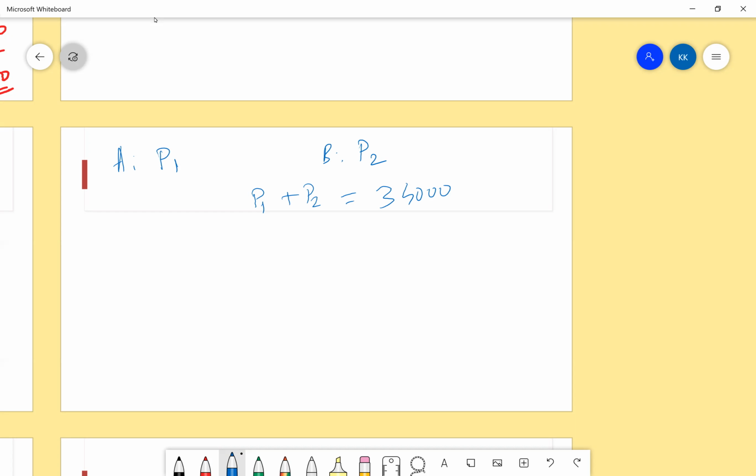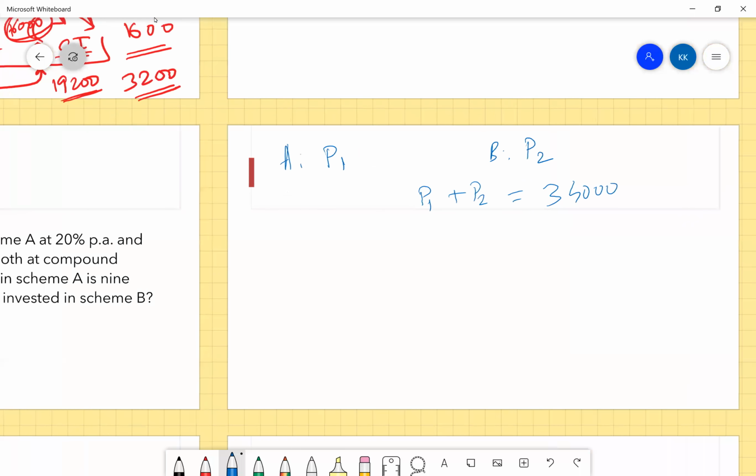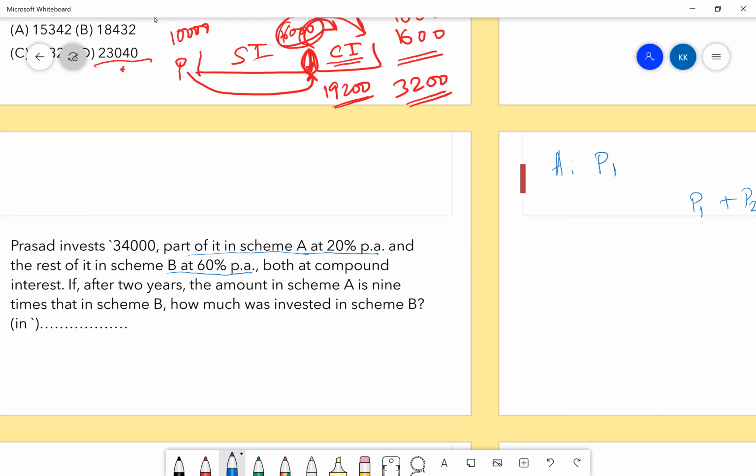Now, according to the question, he invests part of it in scheme A at 20% per annum and the rest in scheme B at 60% per annum, both at compound interest and after 2 years. So we have 2 years to compare.